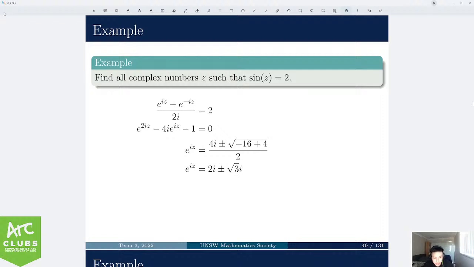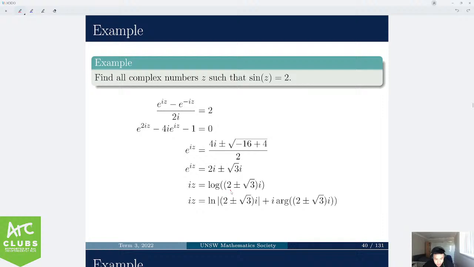And we simplify this down to 2i plus minus root 3i. And if we take the log of both sides, we get this equation over here. And recall that the log of a complex number is defined by the ln of the absolute value plus i times the argument.